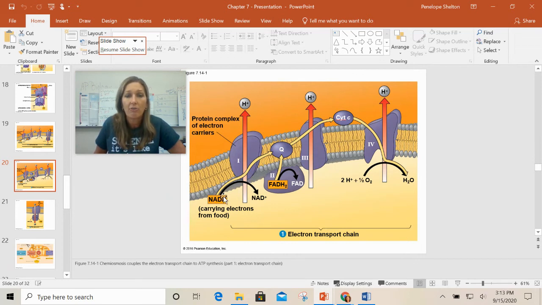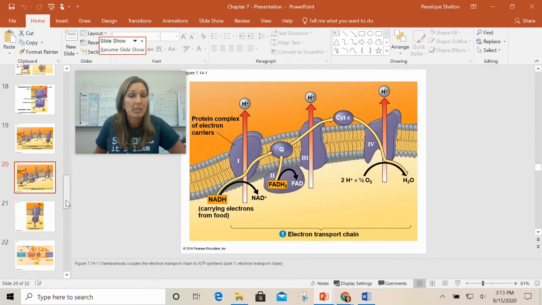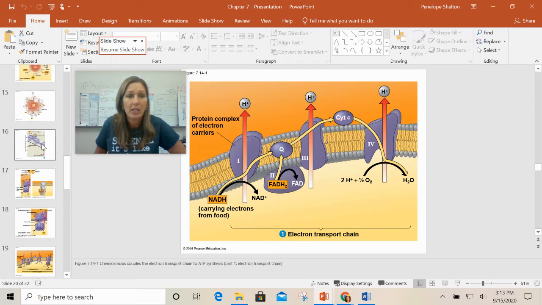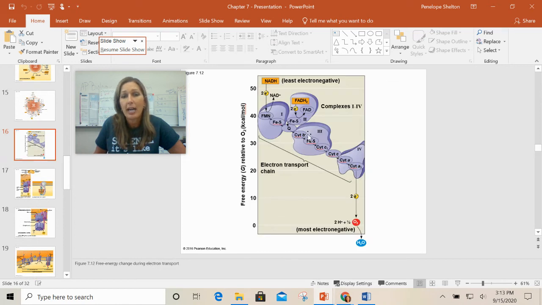Electrons are going to flow from higher energy state to lower energy state, with oxygen being the lowest, the final electron acceptor, forming water. Remember that the picture is a little misleading, because if we look at it from energy states, these membrane proteins pass the electrons down from highest energy state down to lowest energy state.